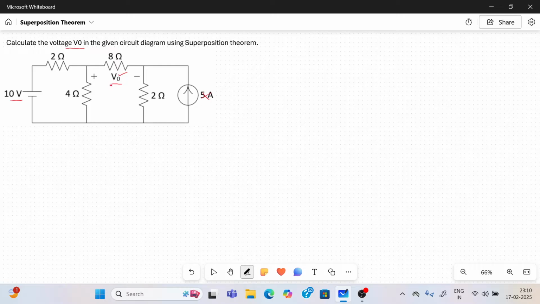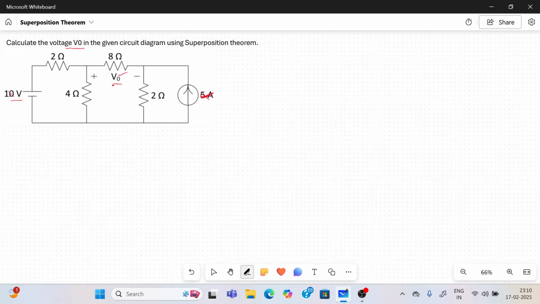Then remove the 10-volt voltage source, keep the 5 amps current source, and find V0. Finally add both V0 values. That is your actual V0.